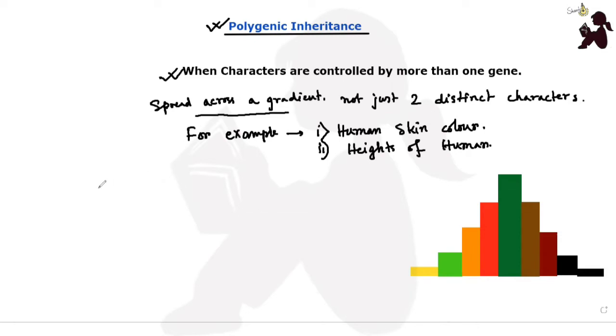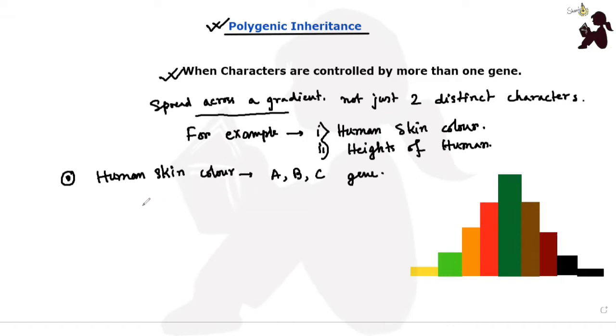For example, suppose the human skin color is controlled by 3 genes, those are A, B, C genes.